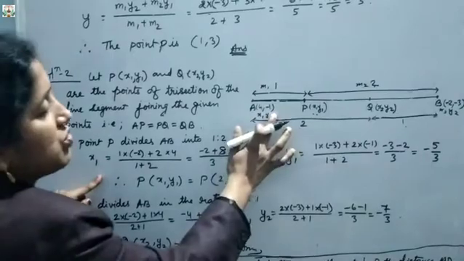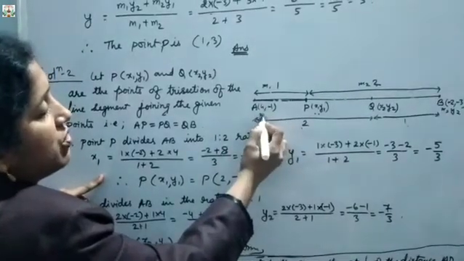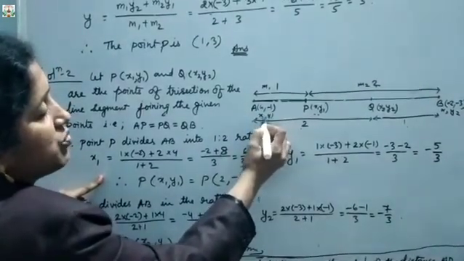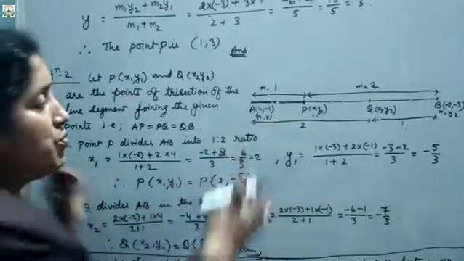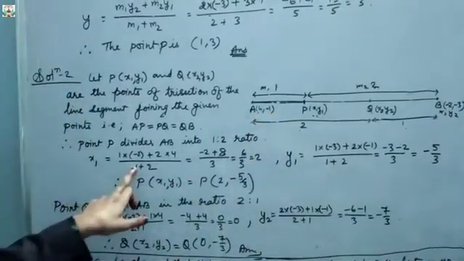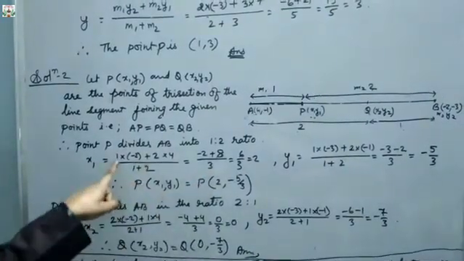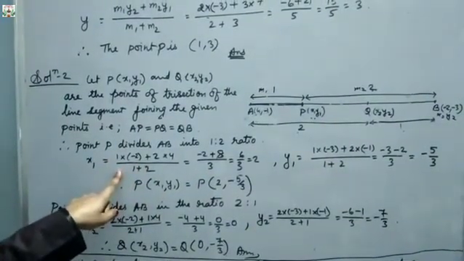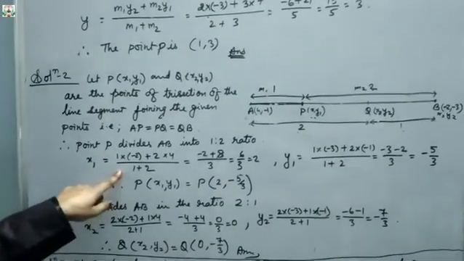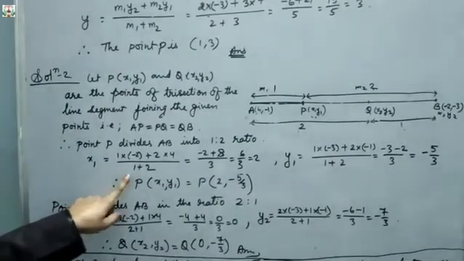So with this we will put the values in the section formula and we'll get the value of x as, on solving, m1 x2 plus m2 x1 upon m1 plus m2.